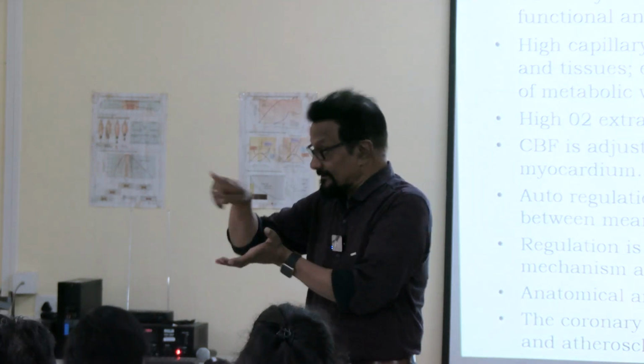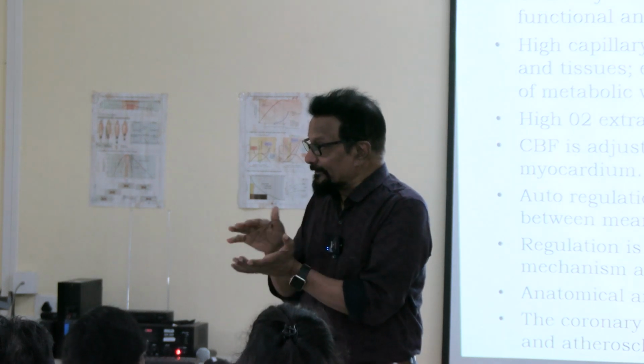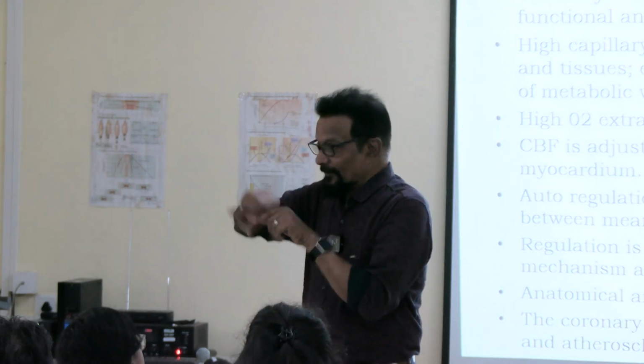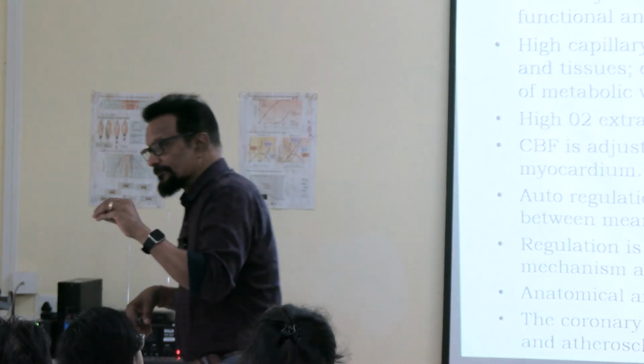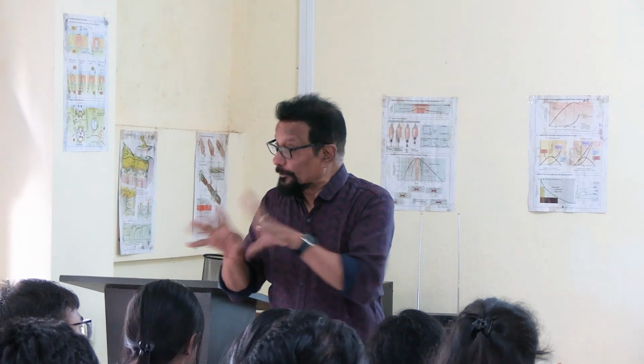Why are these metabolites deposited? Because of low flow of blood. Low flow of blood means low supply of oxygen, which means there will be accumulation of metabolites, because in the cardiac muscle a lot of metabolism is going on.